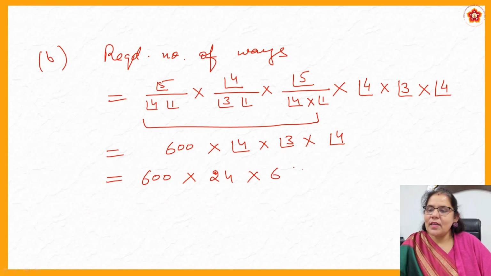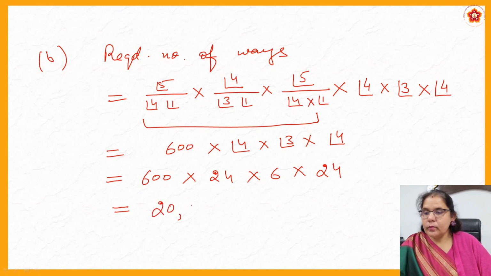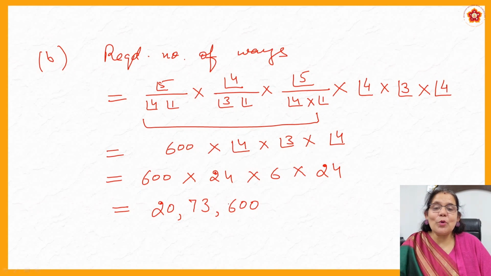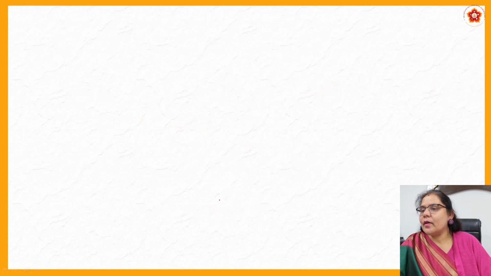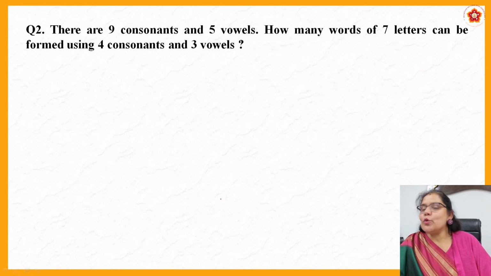That is 6. And this one is again 24. Multiply it and then see what answer do you get. This is going to be a long answer. 20,73,600. Just see the number of ways in which these books can be arranged. We'll move on to the next question.